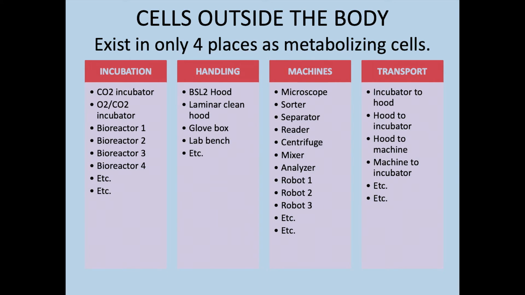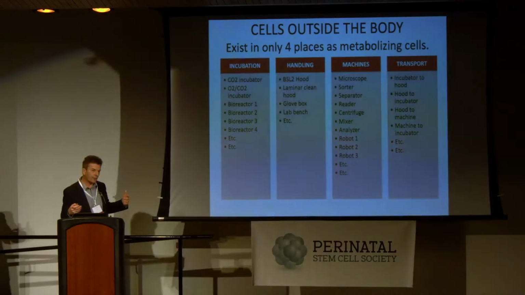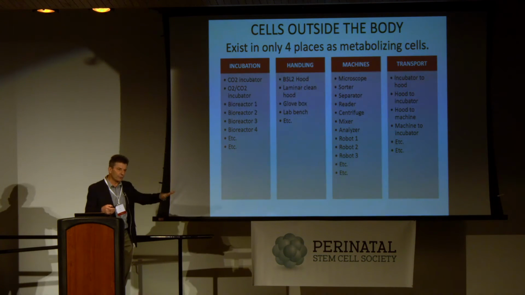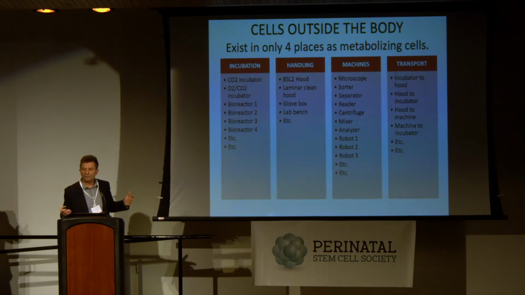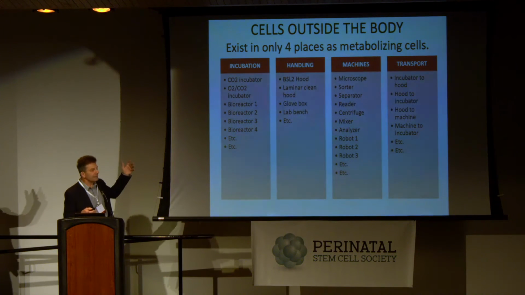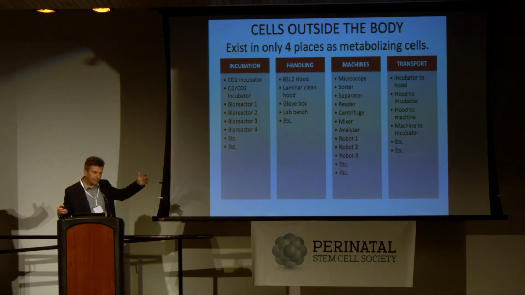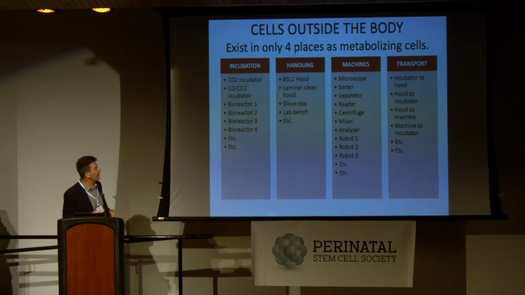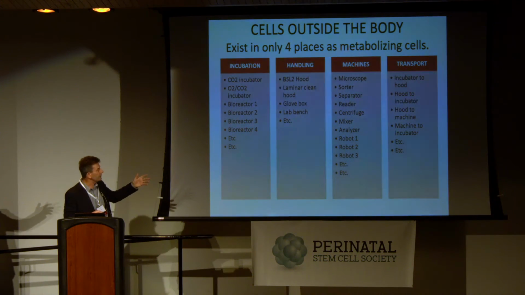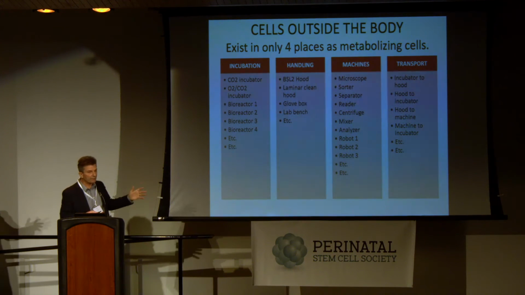So just to summarize, a little simplification: when cells are outside of the body and they're still metabolizing, and I say that to exclude in the freezer, they're really only in 4 places. They're either in an incubation state, whether it's in a conventional incubator or any type of bioreactor, or they're being handled, usually in the hood, or they're in some kind of a machine.